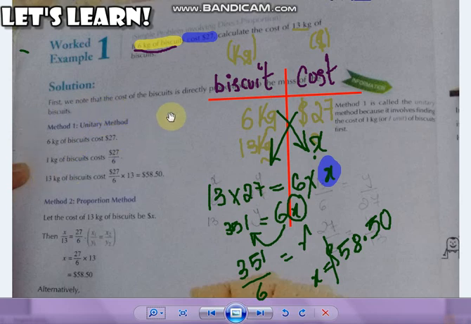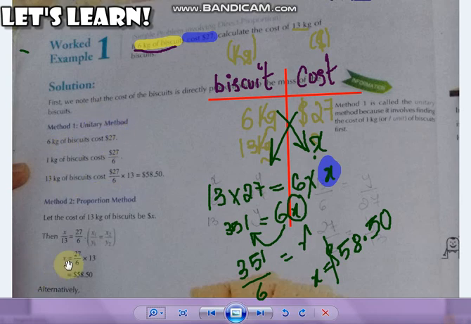It's just the same thing over here. They have written the answers in the form of statements. 6 kg of biscuits cost $27, so 1 kg is how much, and then you calculate for 13 kg. Instead of doing this, you can skip the second step and do the direct last step. This will also give you the same answer.